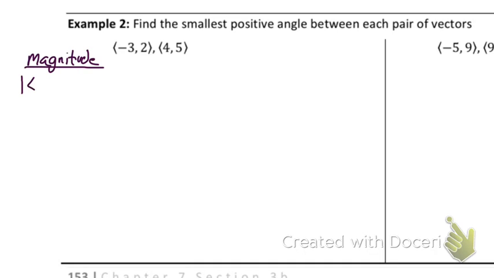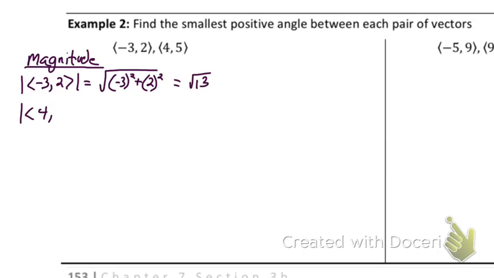And the magnitude of (-3, 2) is going to be the square root of (-3) squared plus 2 squared. Negative 3 squared is 9, 2 squared is 4, so that just equals the square root of 13. Now let's find the magnitude of the other one.